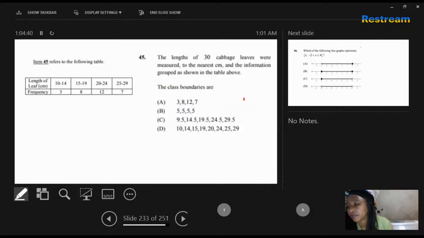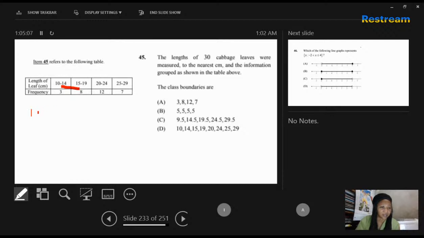Number 45. The lengths of 30 cabbage leaves measured to the nearest centimeter are shown in the table above. The class boundaries are. All right, so for the class boundary, you need to subtract the two end numbers.